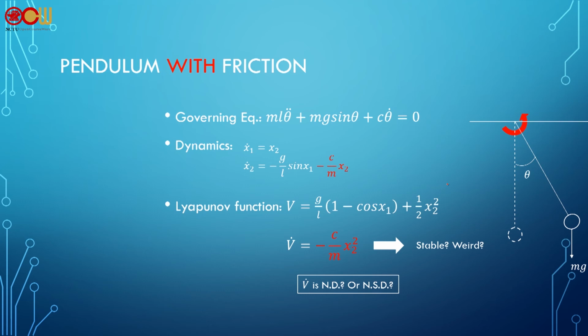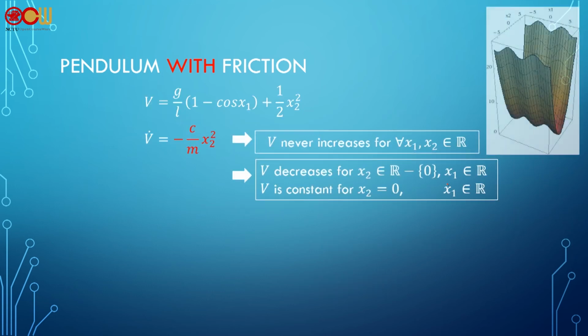No matter what x1 is, v dot will be negative until x2 is 0. So v will not converge to 0. As long as x2 is 0, v will be a constant, which is not 0 because x1 might not be 0. So what does v look like?